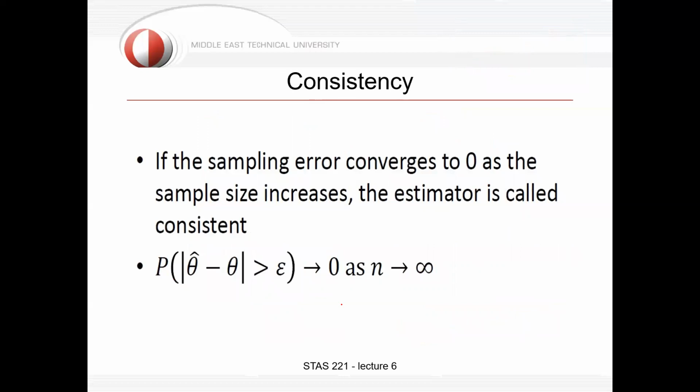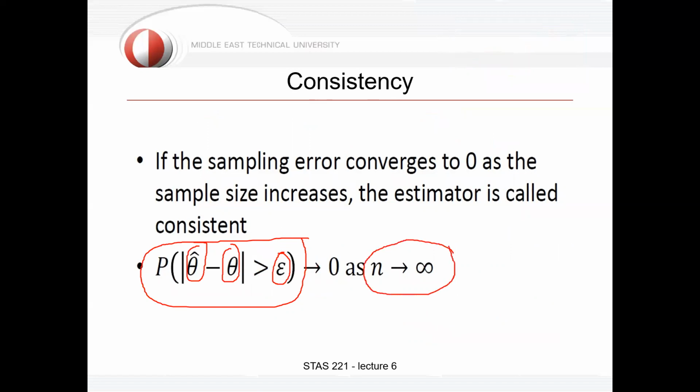Another thing that we pay attention to is consistency. To show that, you can show that the probability that the difference between a statistic and your parameter is greater than a very small number tends to zero when the sample size is big enough. So here it shows that n goes to infinity.